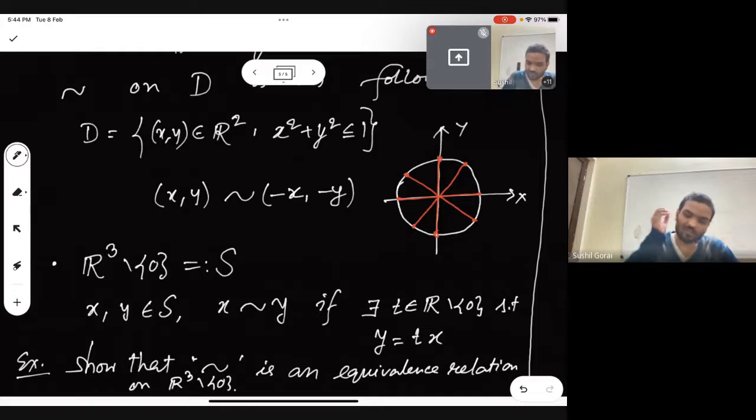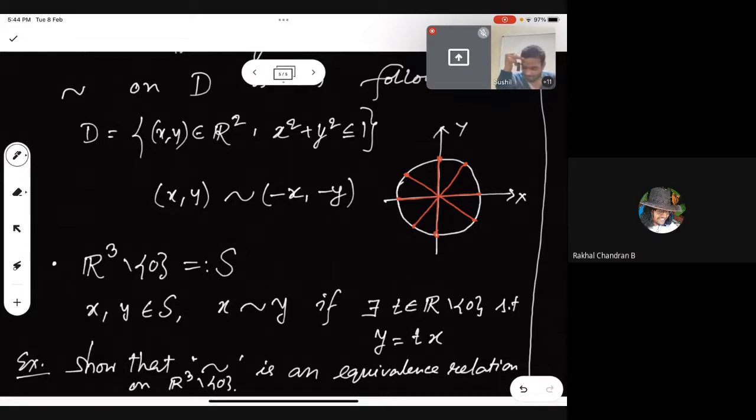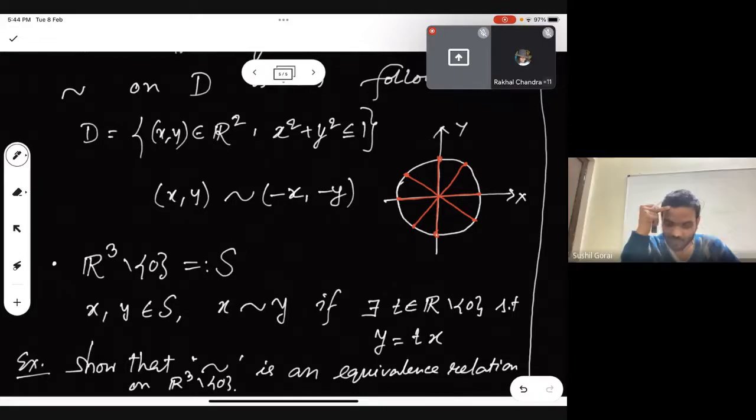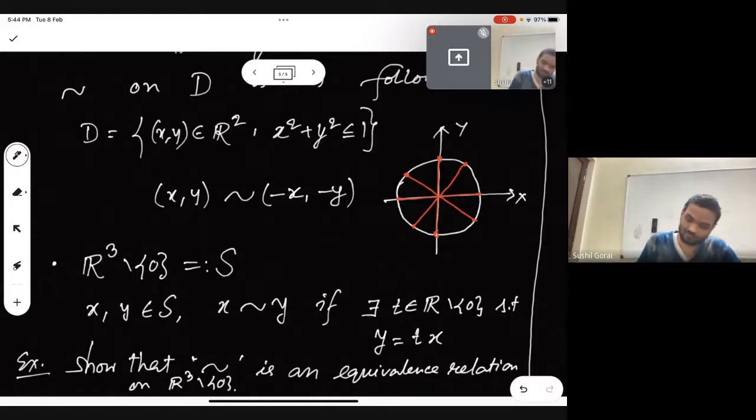Now, what are the equivalence classes? Can you tell me? Anybody? Straight lines passing through 0. Right, the real lines passing through the origin. Is everybody clear that these are equivalence classes?